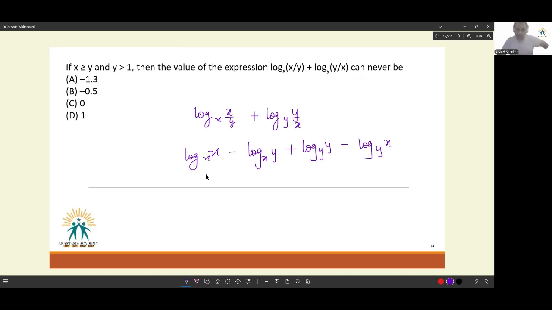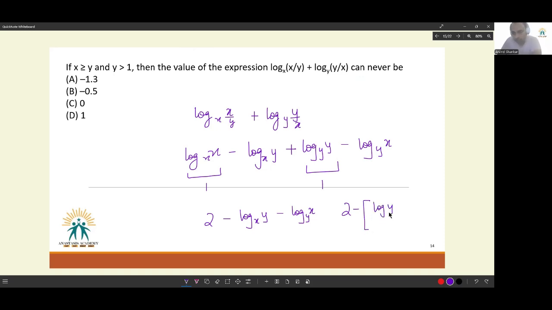Okay. Now see, this is equal to 1. This is equal to 1. So these two I will combine and write 2 minus log y to the base x minus log x to the base y.